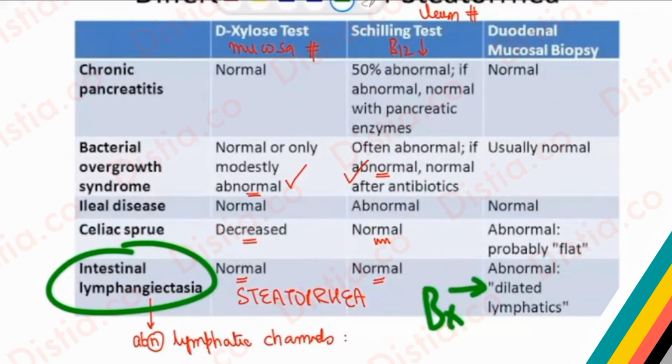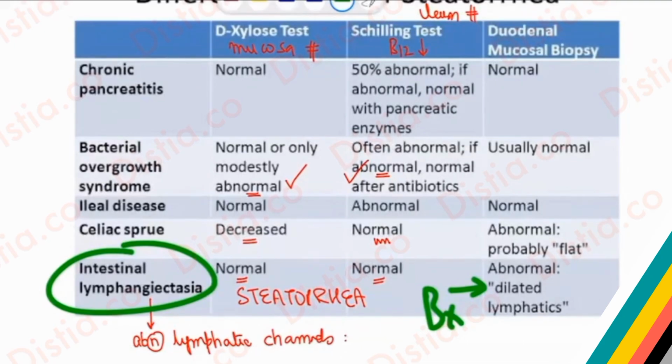Well, how will this disease be diagnosed? Obviously by a biopsy, because a biopsy will demonstrate dilated lymphatics. So you saw here that for tropical sprue, even if you don't do a biopsy it works, but you need to do a biopsy for intestinal lymphangiectasia, because otherwise how do you demonstrate the malformation?